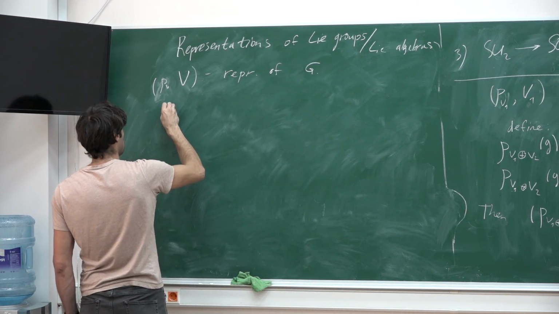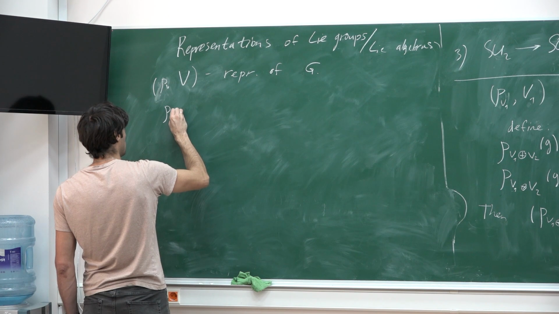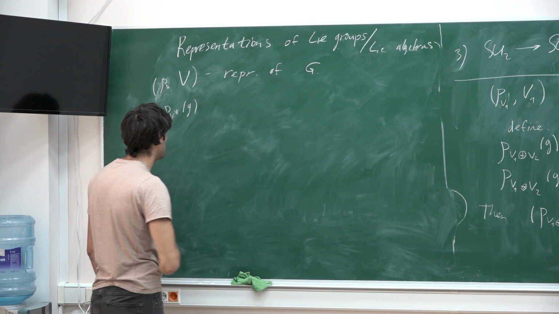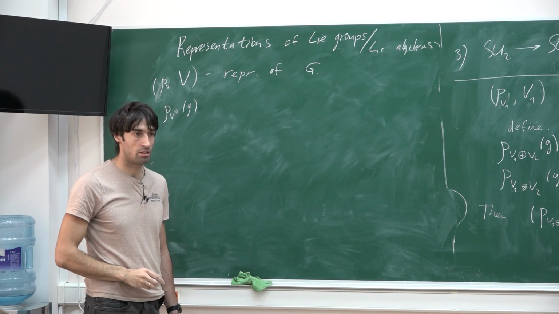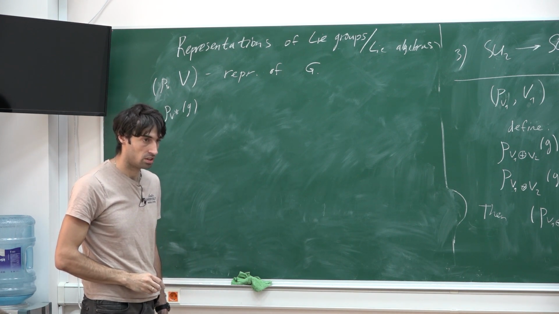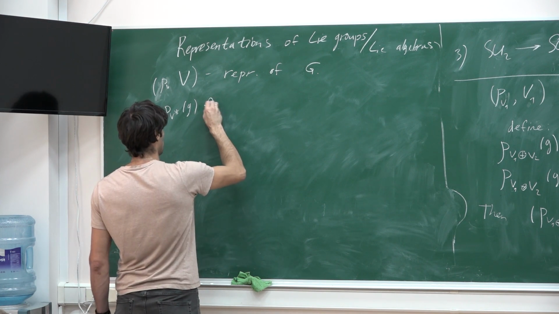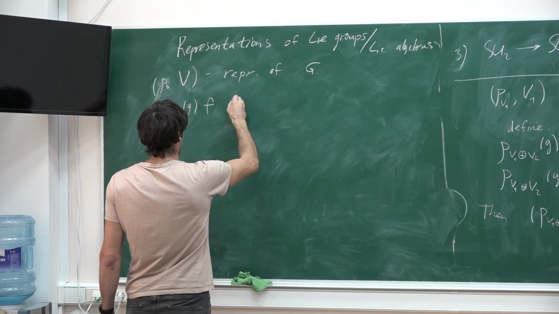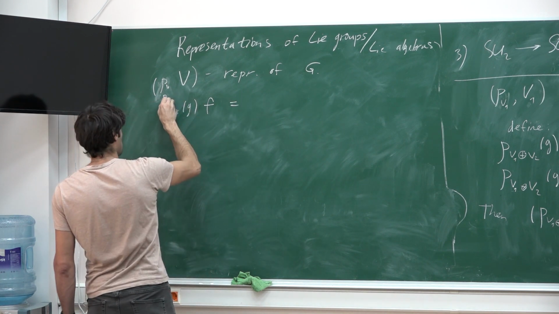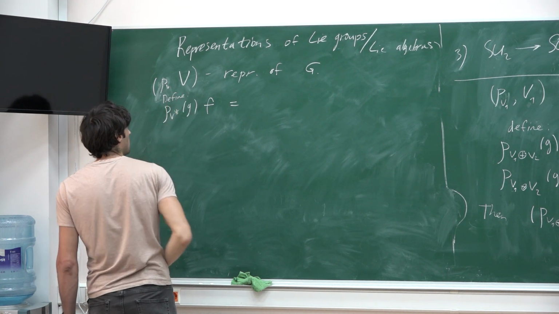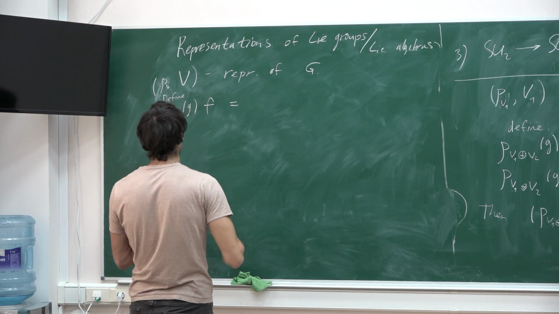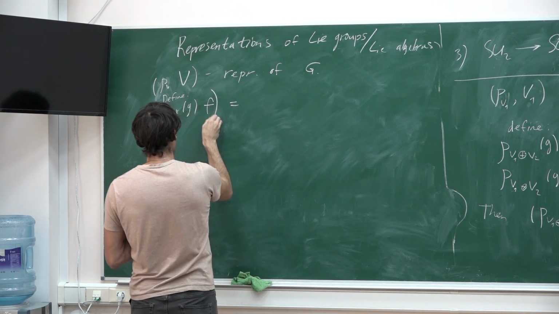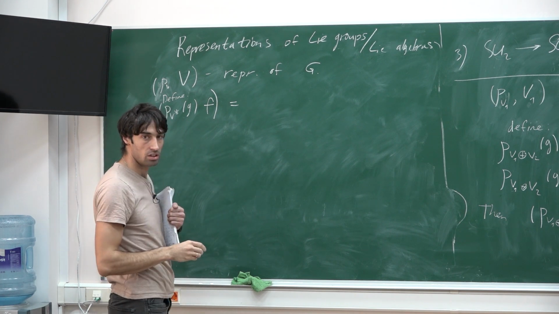Then I define rho V star of G. So it should act on linear functionals on V somehow, right? Should act on F. And by definition, this is again a definition, rho V star of G F is another linear functional, right?